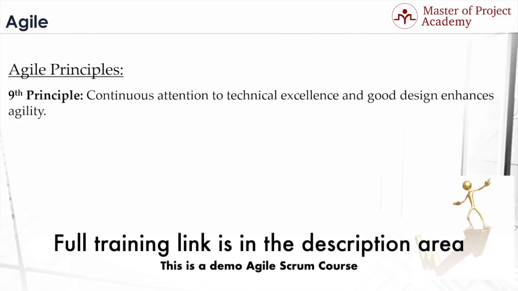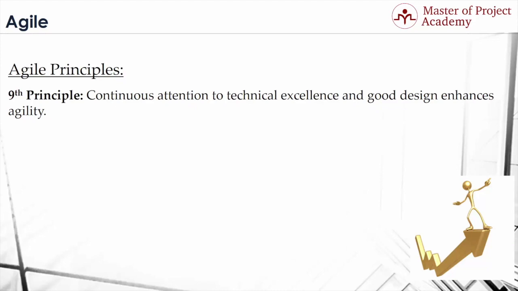The ninth Agile principle is: continuous attention to technical excellence and good design enhances agility. Success of a project and customer satisfaction depend mainly on the quality of the project deliverables, and the fundamentals of a successful delivery rely mainly on technical aspects of the deliverables and design. Therefore, Agile methodologies focus on technical excellence and good design.